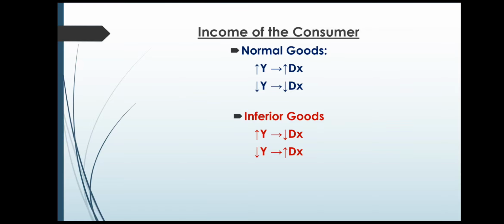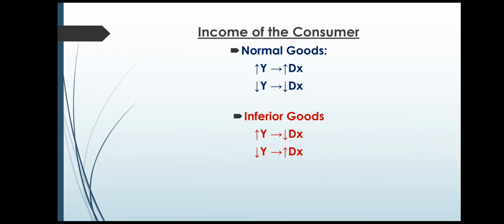Now this is showing you the relationship between normal goods and income. In the case of normal goods, there is a direct relationship: with an increase in income, which is denoted by Y, there is an increase in quantity demanded, or rather demand.